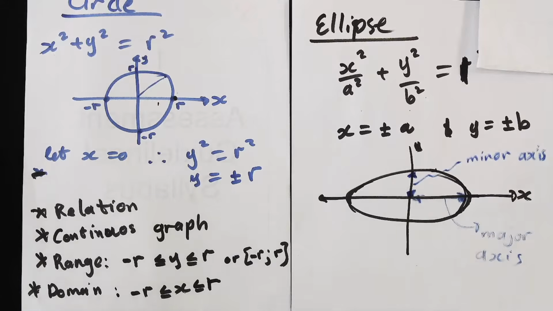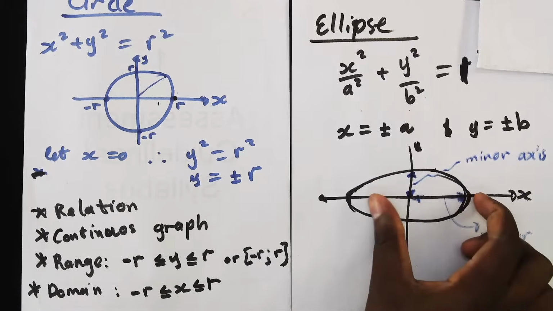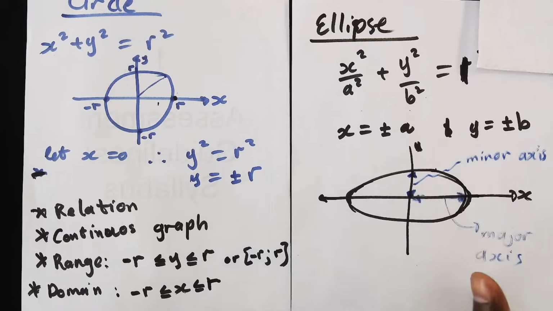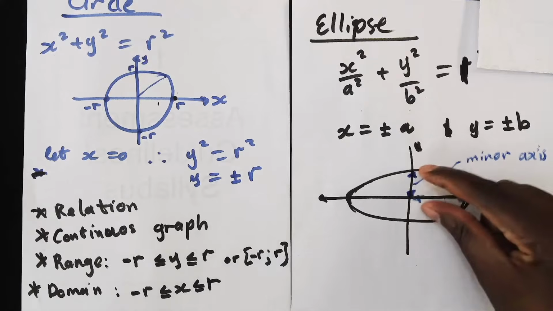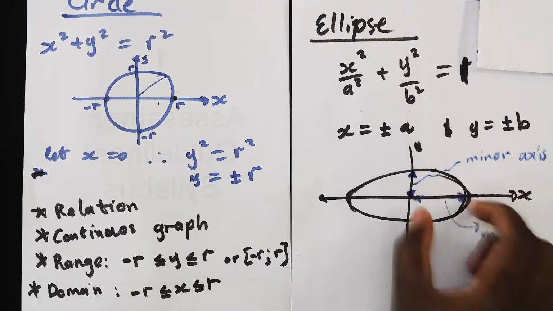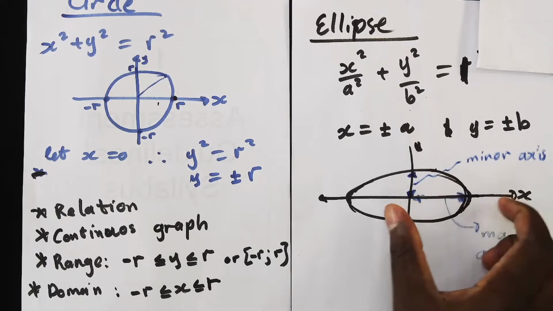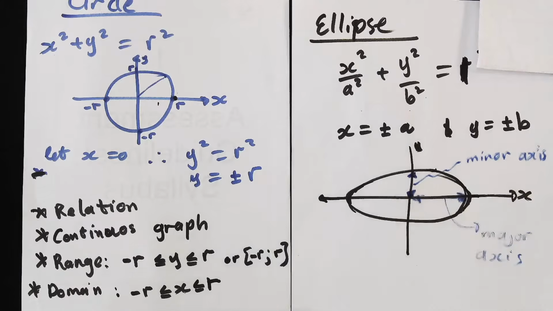We say it's major because it consists of a bigger portion than this portion here. This one is more squashed or slanted than this one, and this one is more protruded than this part. So this is the major axis, and the other one is the minor axis.